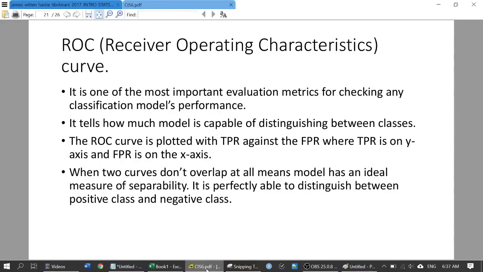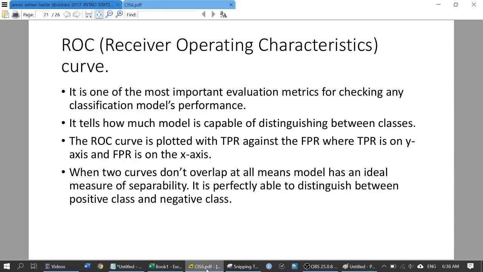So the sensitivity and specificity is also a tool which is required to build these ROC charts or ROC curve. This is the receiver operating characteristic. This is one of the most important evaluation metrics for checking any classification model performance. The ROC tells us how much the model is capable of distinguishing between classes. How much the model that we compare is able to discriminate or distinguish that this group belongs to this group, that group belongs to that group.